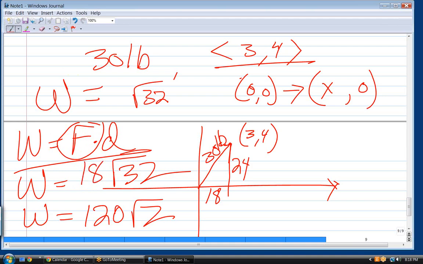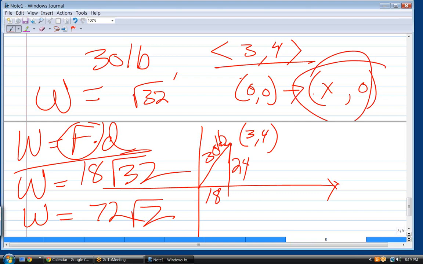So it would be 18 root 32, which is 72 root 2. That is the force applied in the x direction, which has to be the case because we're moving it to x comma 0. So we're not moving it off the x-axis. We're moving it strictly on the x-axis.